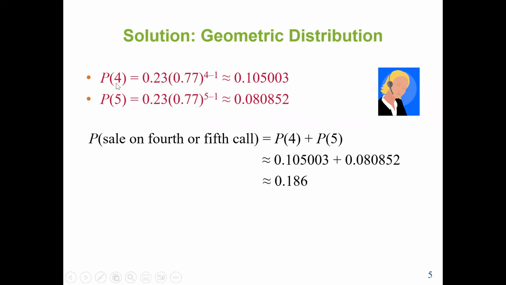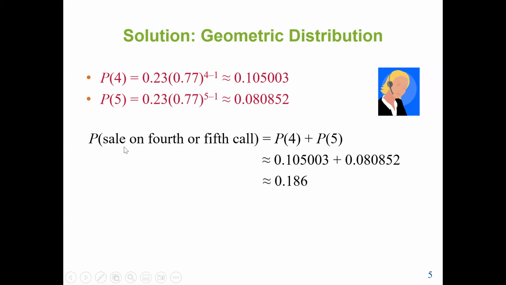So here we find the probability of 4 first, which will be P 0.23 times Q 0.77 to the power 4 minus 1, which gives us 0.10503. Then we find the probability of 5, which will give us P 0.23 times Q 0.77 to the power 5 minus 1. So that will give us 0.080852.